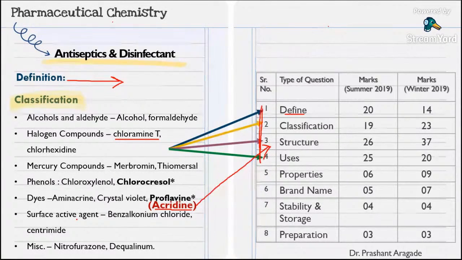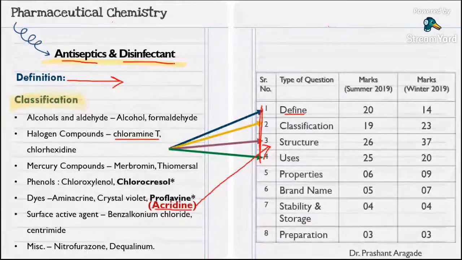So due to repeated reading, you will be able to remember that chloramine T is under the category of antiseptic and disinfectant. Then you will be able to give the answer during your viva or in your examination that chloramine T is used as an antiseptic and disinfectant. So at least you will be able to write down one use.